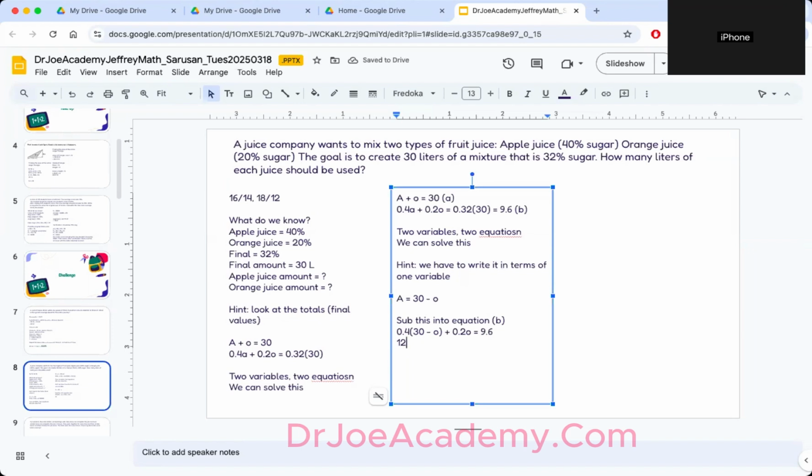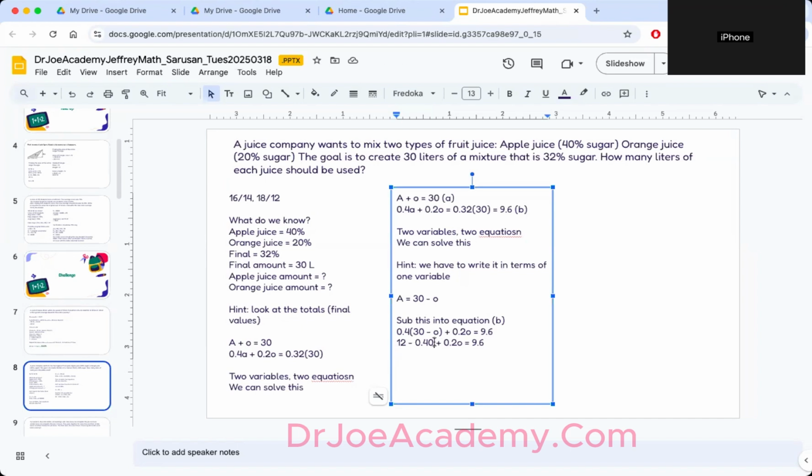Wait, so 0.4 times 30 is 12? Yeah, I used the calculator. Okay, perfect. And minus 0.40 O plus 0.20 O equals 9.6. Yeah. All right, excellent. Let's keep it going.